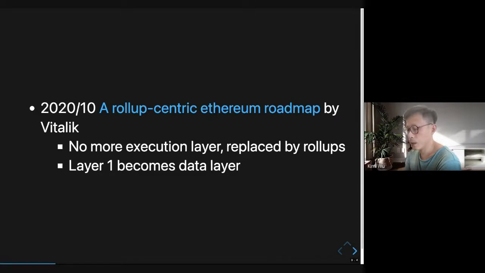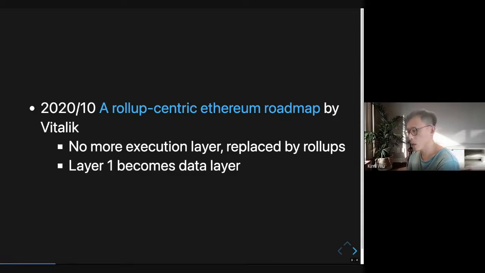ZK Sync had been online for a while, but only for token transfers. And for optimistic rollups, both Optimism and Optitron already had testnets at that time. So rollups were quite mature.